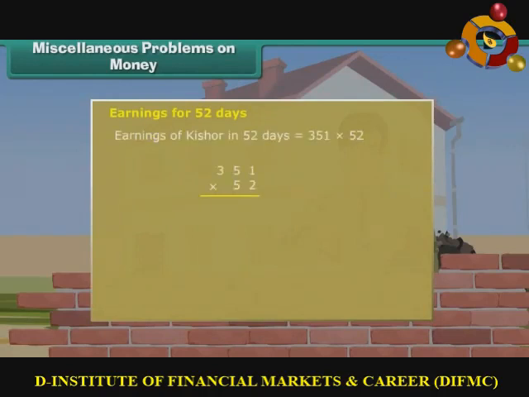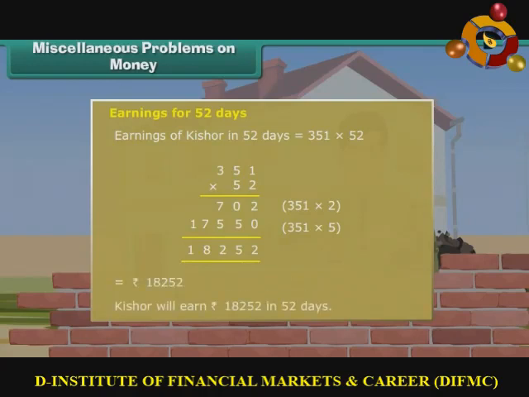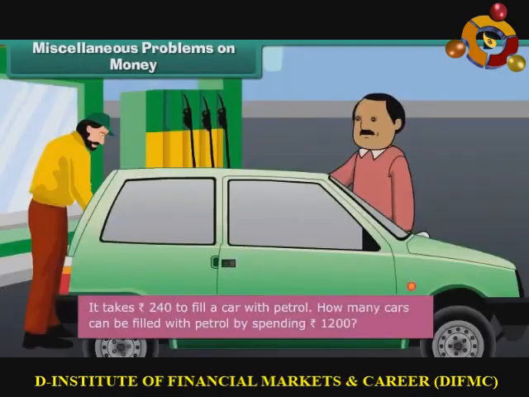Earnings of Kishore in 52 days is 351 into 52, which is equal to 18,252. Therefore, Kishore will earn 18,252 rupees in 52 days.